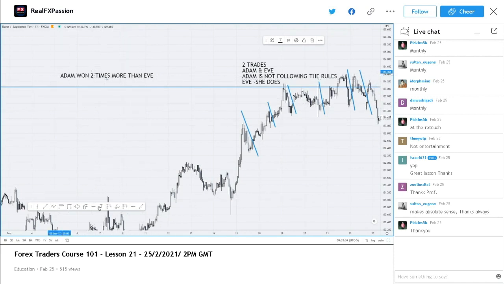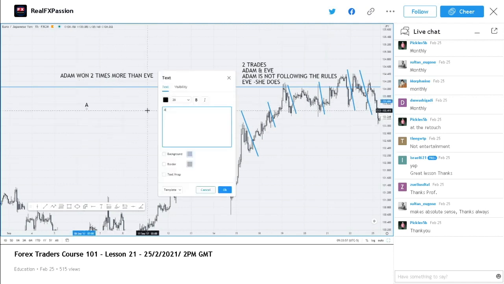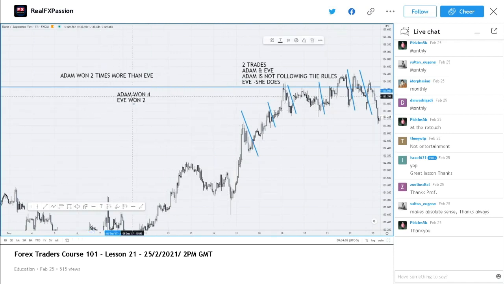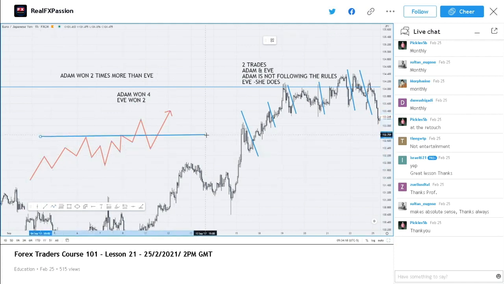Okay, so let's say that Adam won 4, Eve won 2, right? They are trading most likely the same. What's the difference? Adam would buy the market near the pivot point. Eve would not. This is the difference.